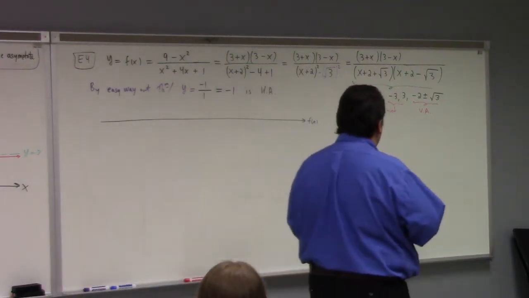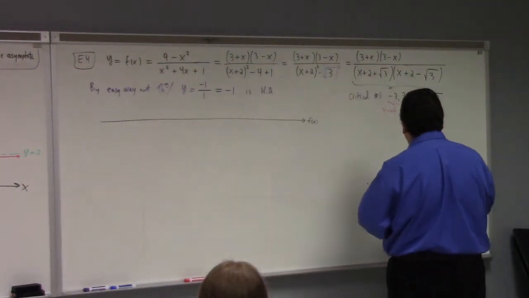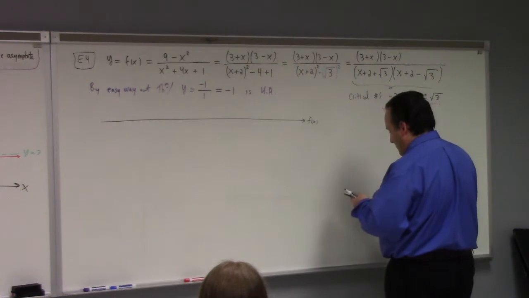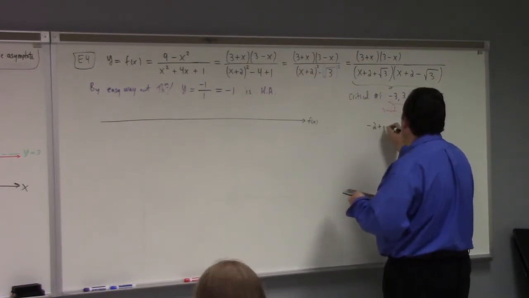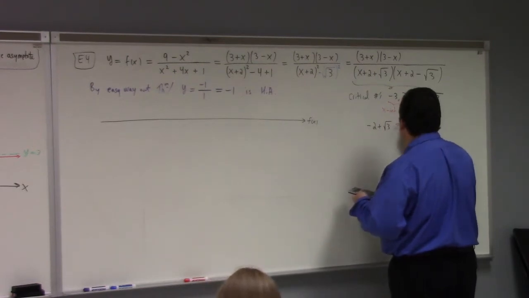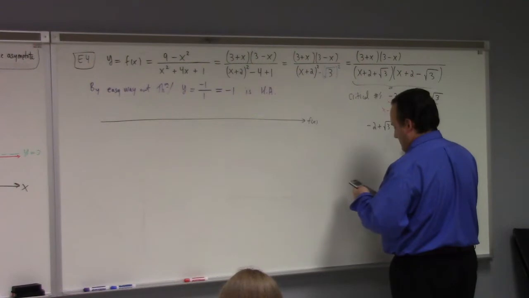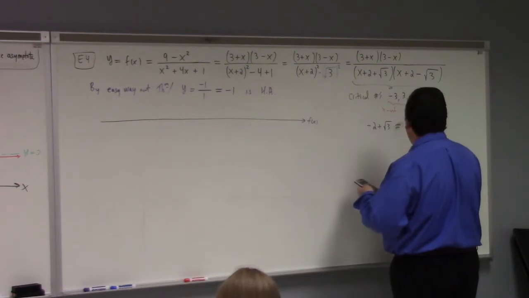1.73. So if I take 1.73 and I subtract 2 from it, so like minus 2 plus the square root of 3 is approximately, stupid calculator, minus 0.26, all right?